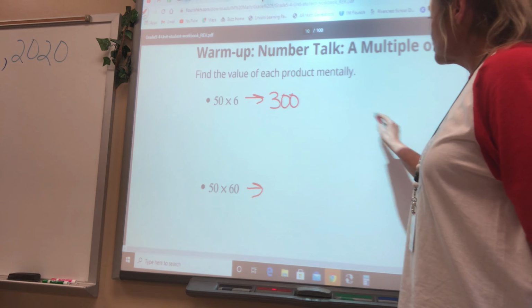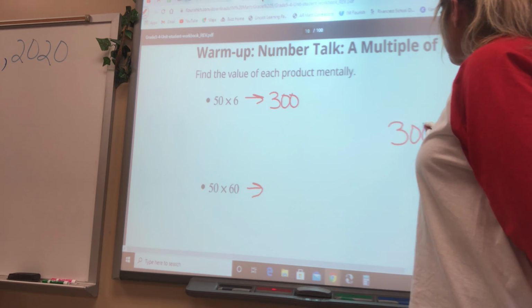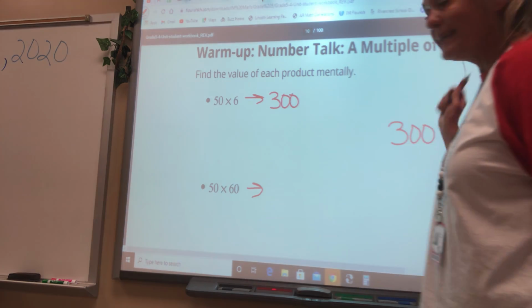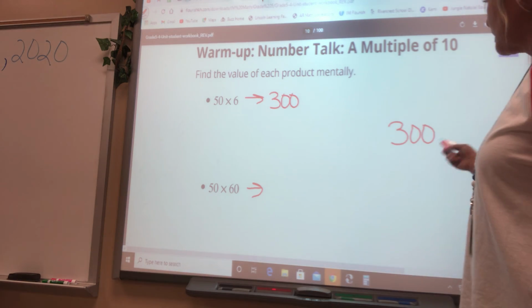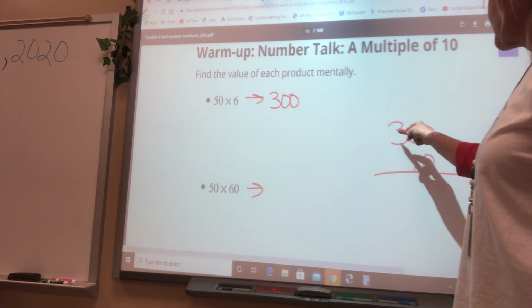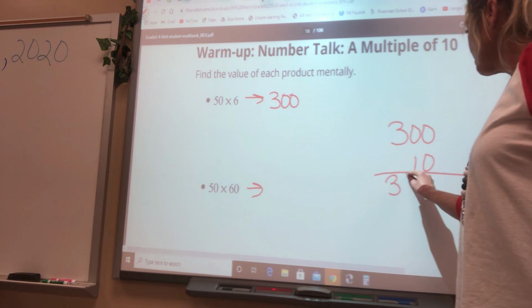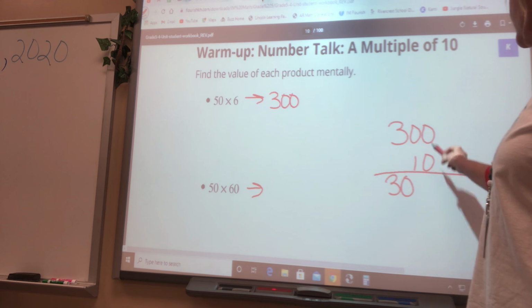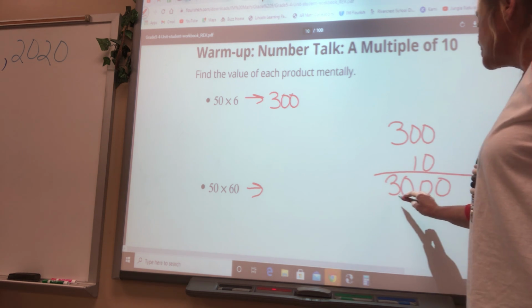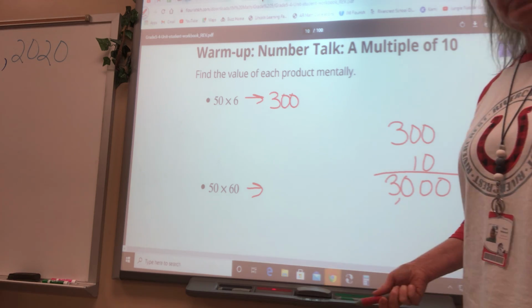If this was 300 and then we did 50 another 10 times, I would have what? 10 times 3 is 30, and then how many remaining zeros that were unused? I would have 2. And that makes sense.